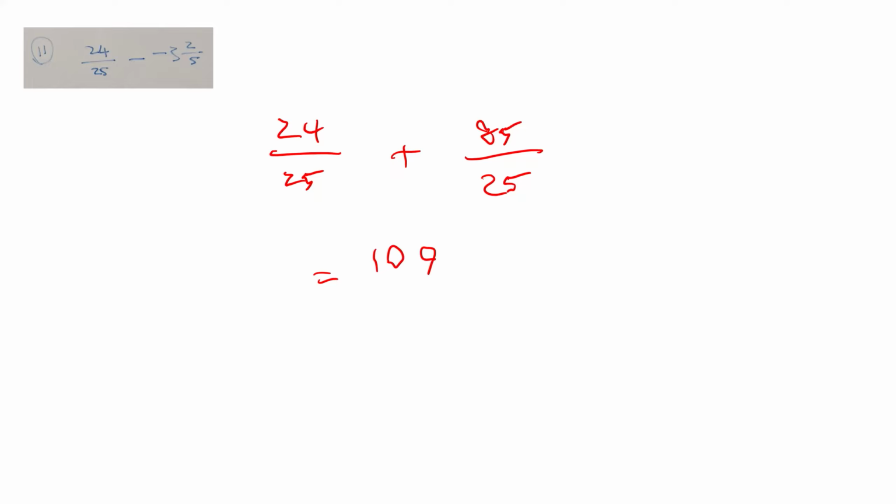So we have 109 over 25. Of course, we're going to simplify this. 25 fits into 100 4 times, so that will be 4. And that will leave us 9 left over, so we have 9 25ths left over. So there we go, 24/25ths minus negative 3 2/5 is equal to 4 9/25ths.